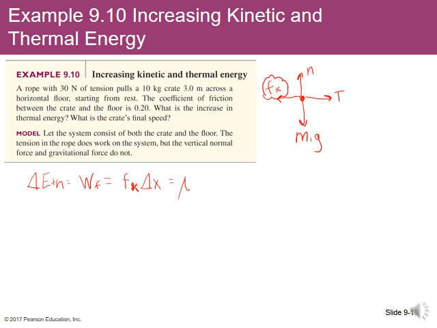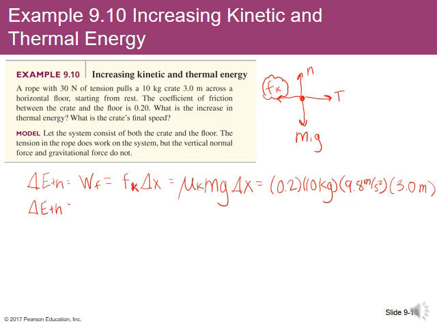Friction force is equal to coefficient of friction times the normal force, which we can tell in this case will be equal to the weight, times the distance that it moves. It gives us that the total change in thermal energy of the system is 58.8 joules.